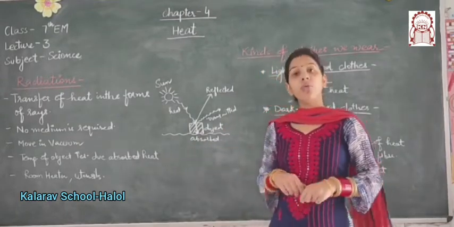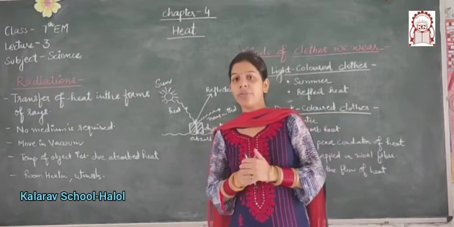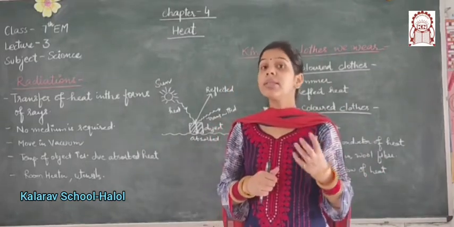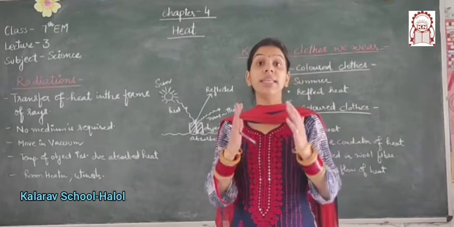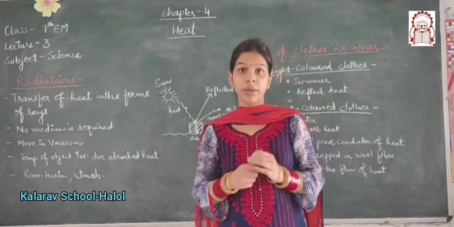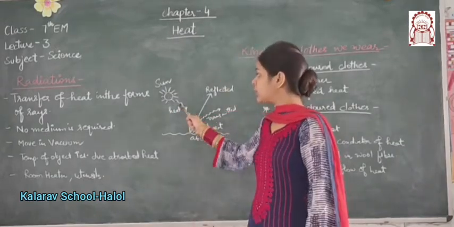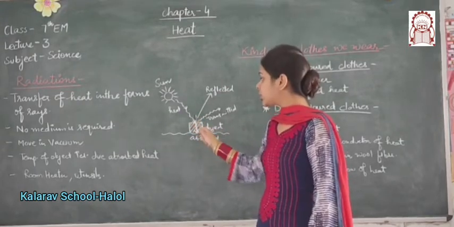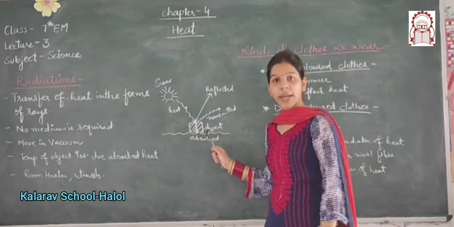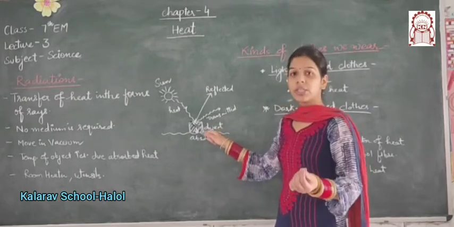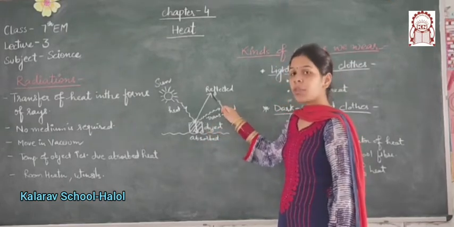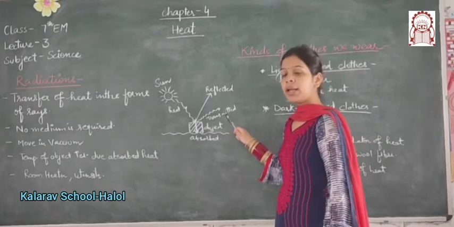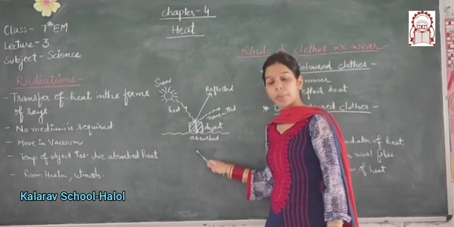As we know, we get a large amount of heat from the sun. The sun is the only source of this large amount of heat. The sun gives us heat in the form of radiation. As these radiations fall on any object, a part of the heat is reflected, a part is transmitted and some part is absorbed.